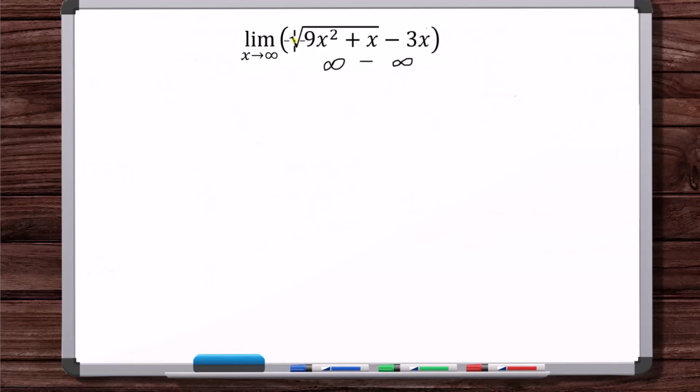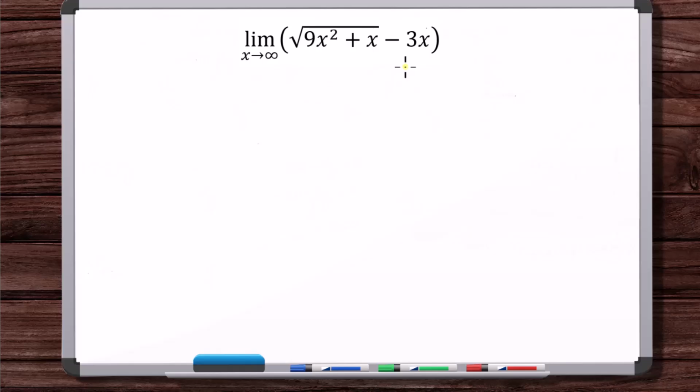Okay, so again, right now, when we're dealing with an indeterminate form, we're going to learn a lot more about indeterminate forms in Chapter 4. But at the moment, what we do is we manipulate the limit function to put it into a different form that's not indeterminate. And so again, here we see that what we're dealing with in this problem is a two-term expression that involves a square root.